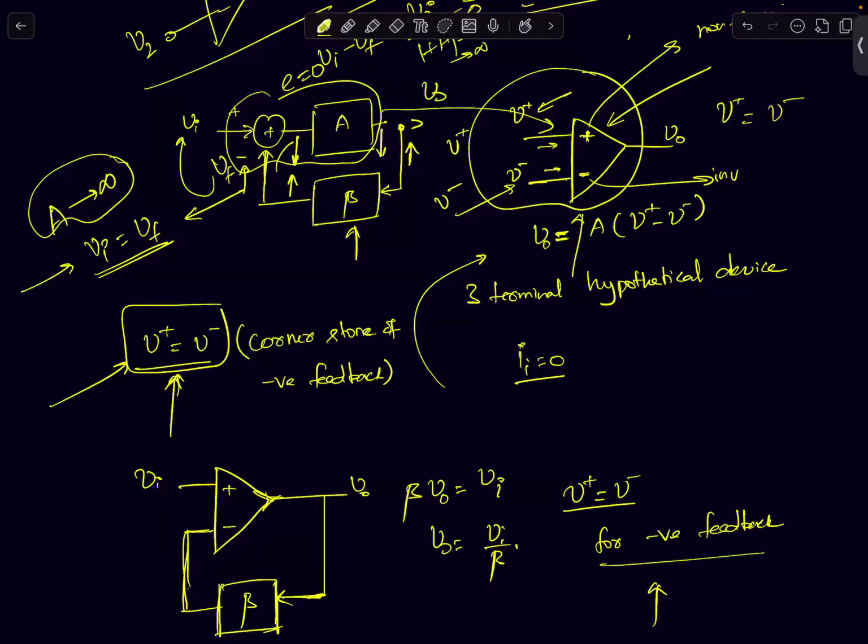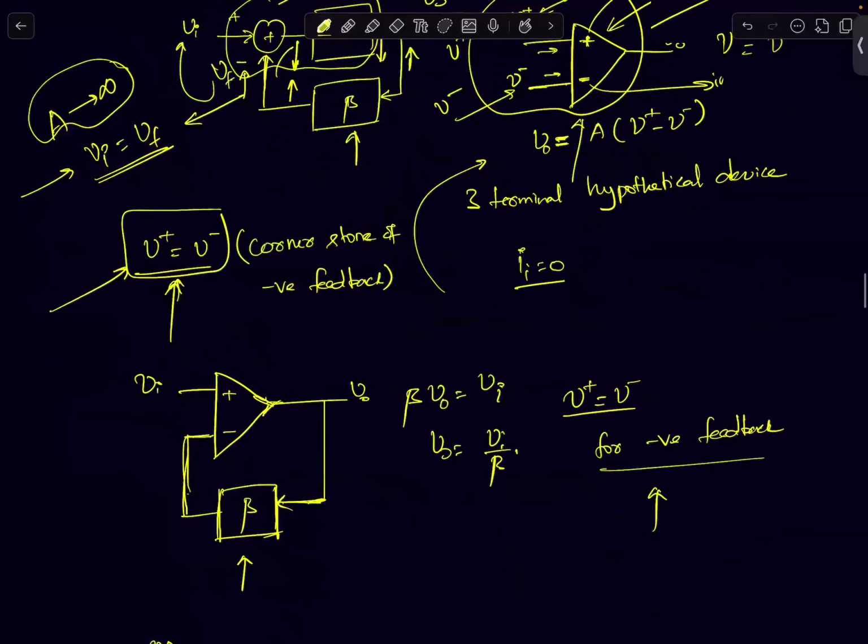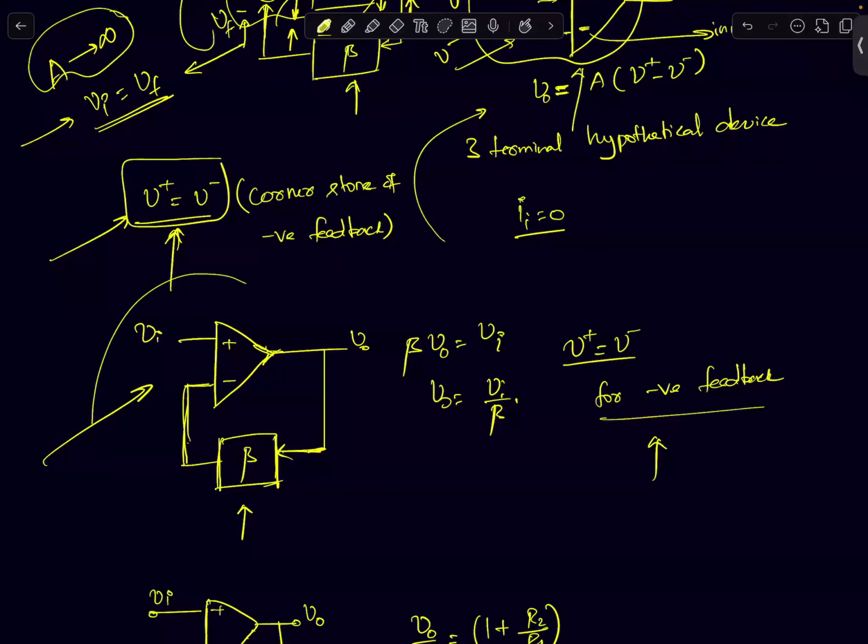I'm no longer going to show it as a black box. That's what I've shown here. This is just your negative feedback drawn differently. Your input signal Vi is subtracted from the feedback signal Vf, which is nothing but some beta times V naught. Then you're amplifying it, which will be equal to V naught.